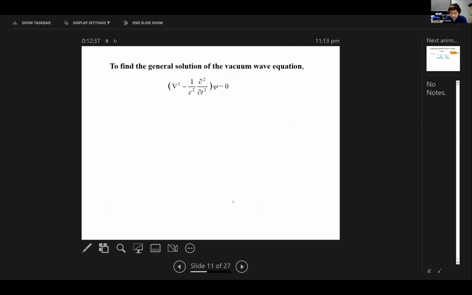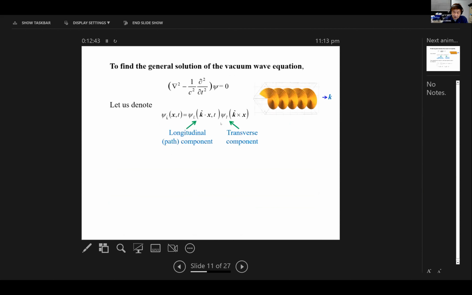Now, what about other particles, the massive particle, particularly the electron? Now we can look for the other solution. The general solution of this wave equation of the vacuum includes two parts. One is a longitudinal, a traveling wave component, and a transverse component.